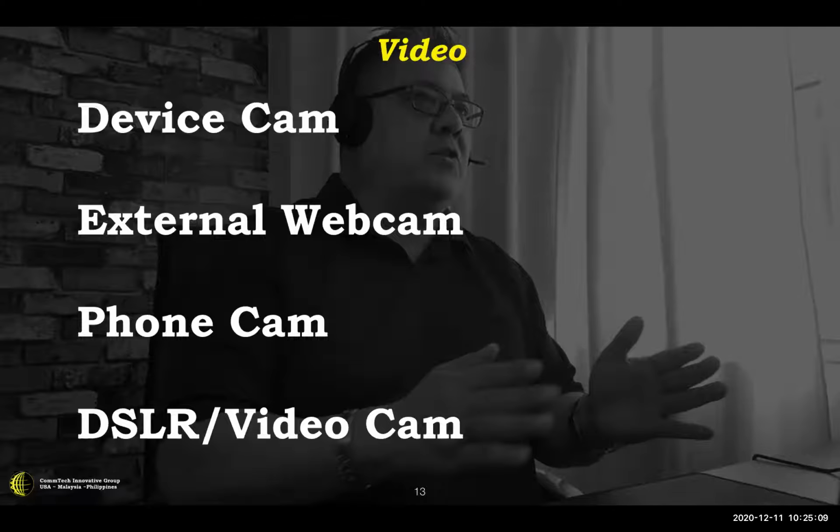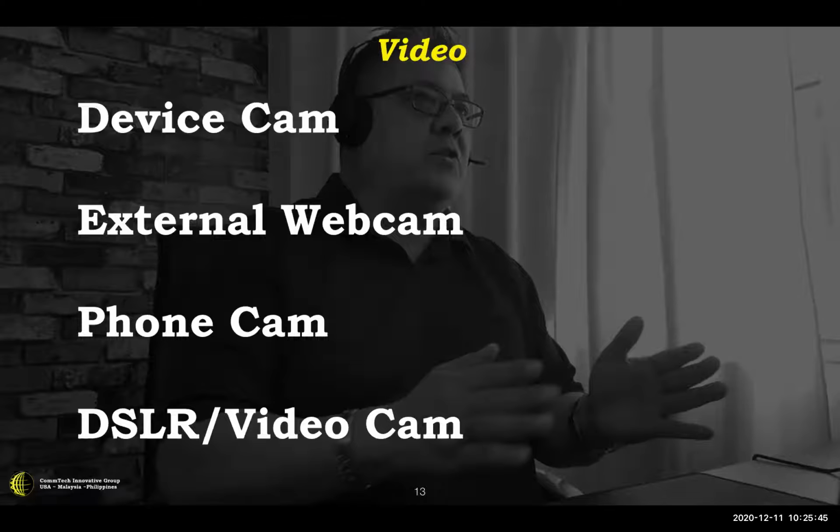Now, another option that you have is a DSLR camera or a video camera. The DSLR and the video camera are super, super clear, super high quality. You probably need to get something called a video capture card, and you can connect your DSLR to the video capture card, and you're going to have a very high quality video output.